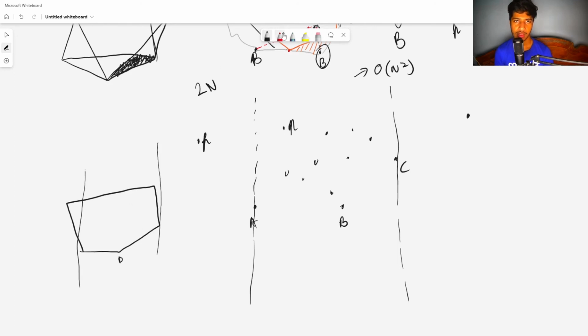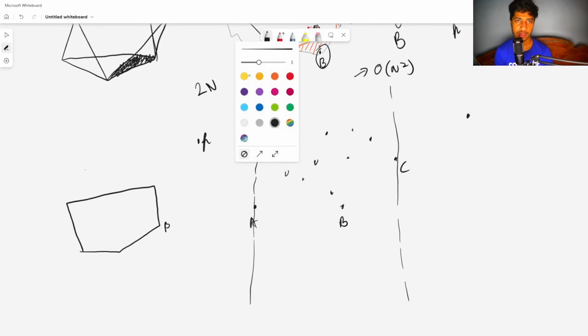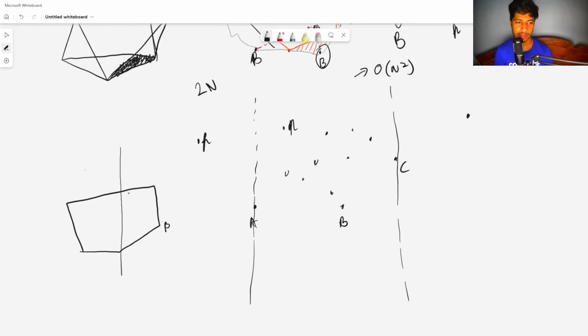Then you'll consider this as B, and your vertical points will be the minimum x and the maximum x, the minimum x among A, B, and C. So if this is B, then this is A and this is C, right?